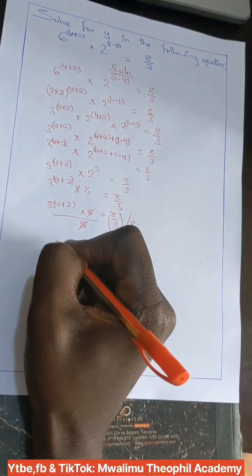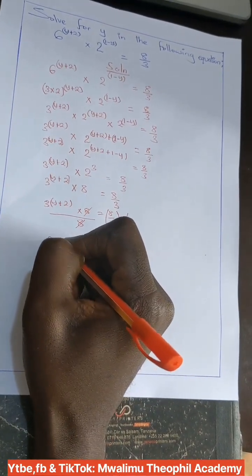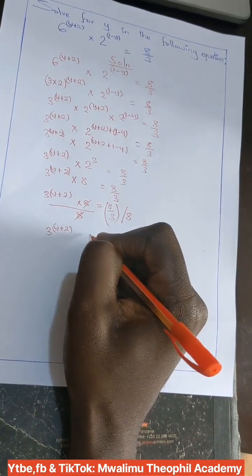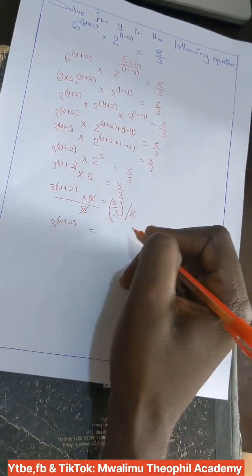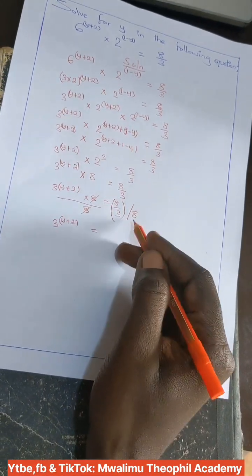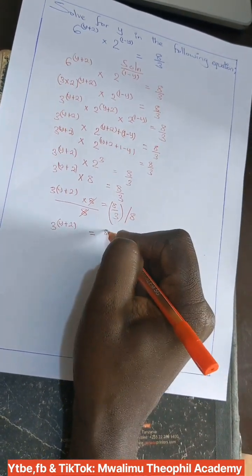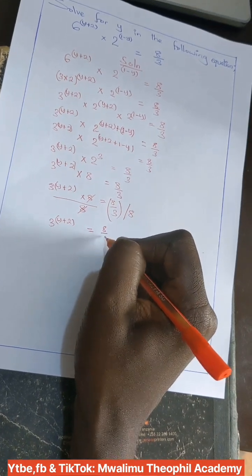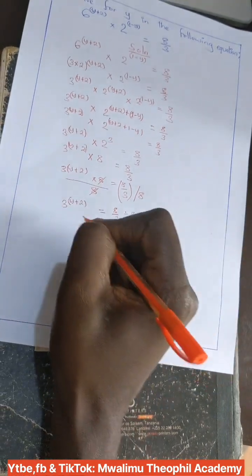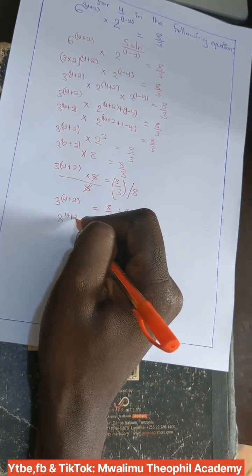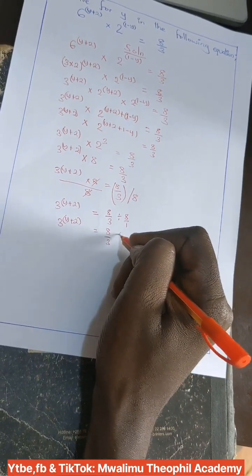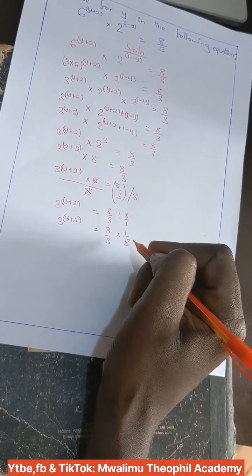Now we're going to have 3^(y+2) is equal to, now this 8 here, remember, taking 8 divided by 3 divided by 8 again is the same as writing it this way: 8 divided by 3 times 1 divided by 8.